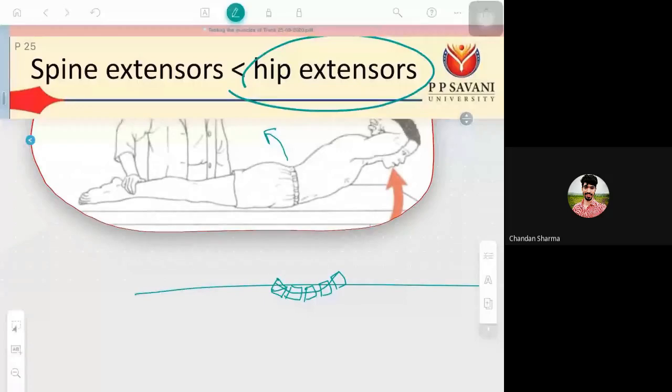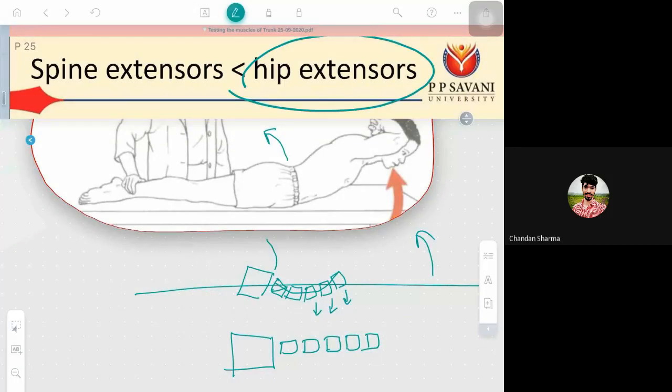When he tries to lift the body up, lumbar spine will go into flexion and the curve will be flattened. If you imagine this is pelvis, pelvis will tilt posteriorly and lumbar spine will go into flexion.